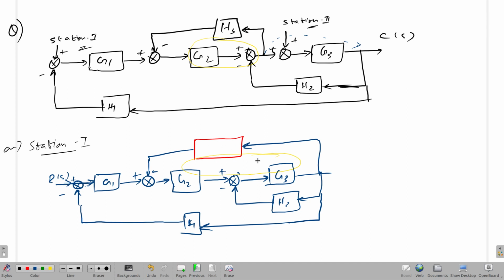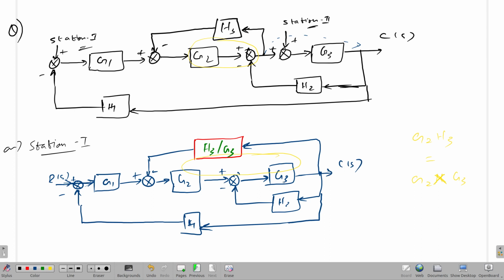So you have to make G2 H3 equal to G2 times X times G3, right? These should be equal. So what will the new H be? It will be H3 by G3, right? So let's rewrite it. This will be H3 by G3. Okay, so now we have that, and we have a C of S.